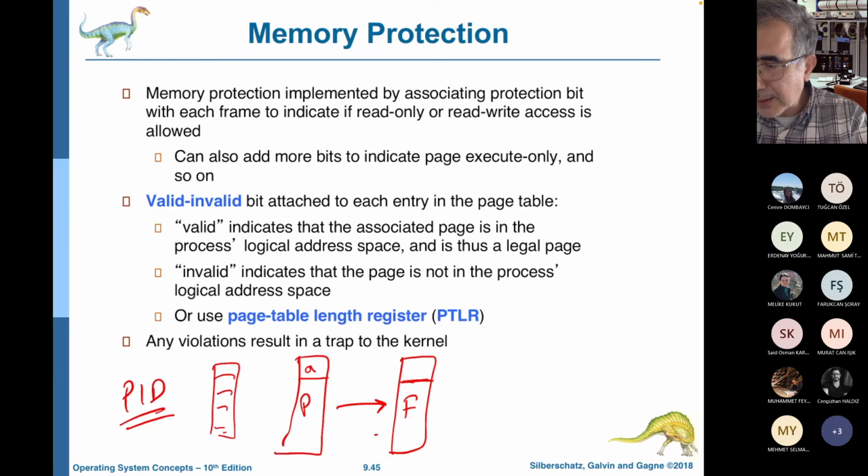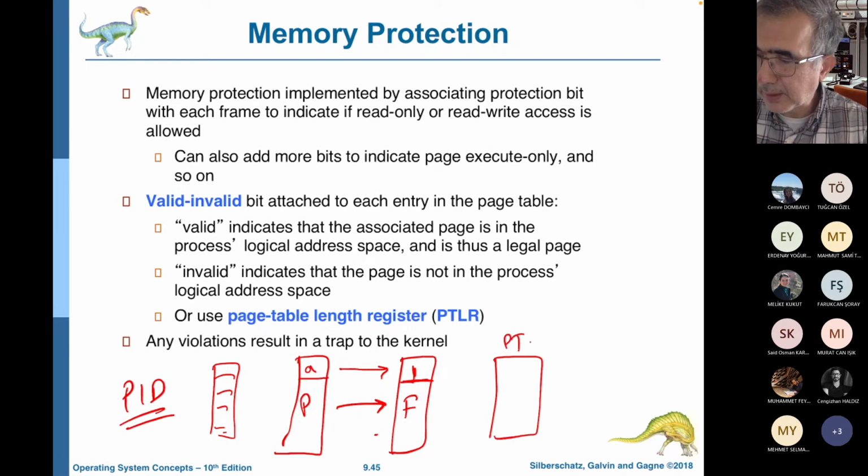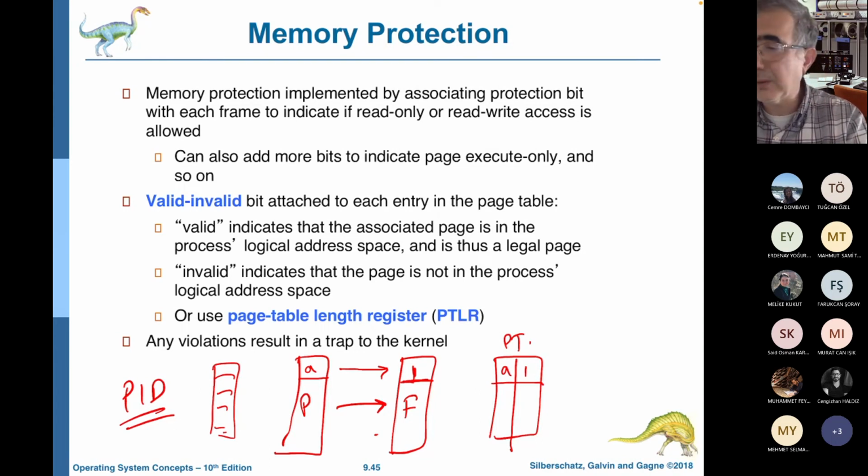This is A, this is 1. So A will be moved to 1, but at the beginning, memory is not full. The page table may have A corresponding to 1, but the content is not yet there. Or maybe it was there, but currently I should consider it as empty.